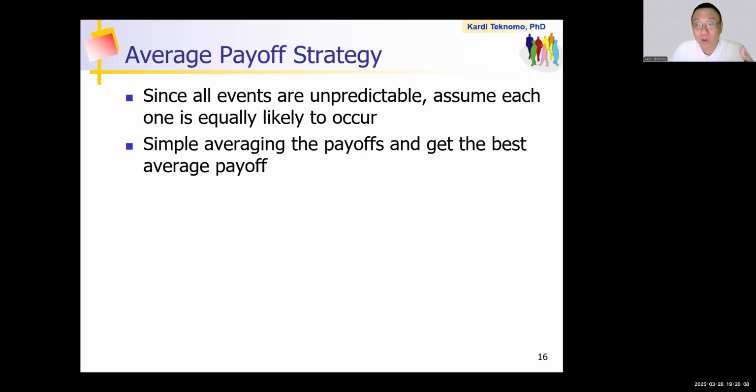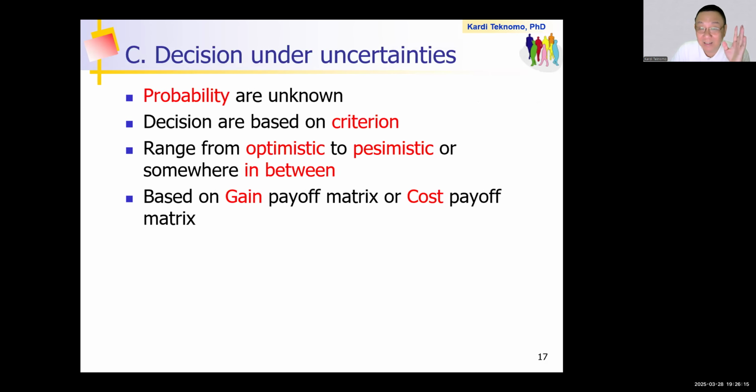If it is cost, you want to minimize. Simple. Now, these are the characteristics of decision under uncertainty. You don't know the probability, and the decision is based on a criterion. We will discuss the criterion later. There is a range between optimistic and pessimistic, or somewhere in between. You can also use a gain payoff or cost payoff matrix.